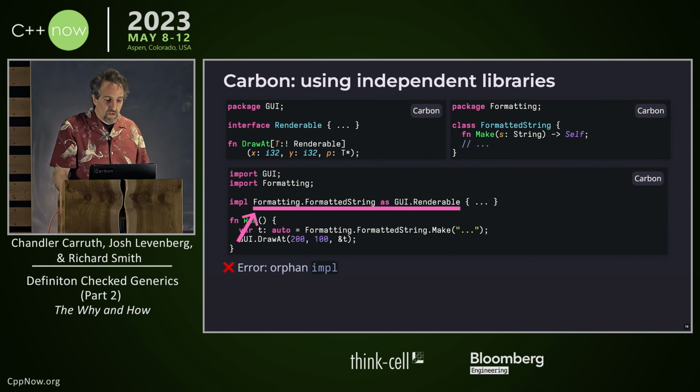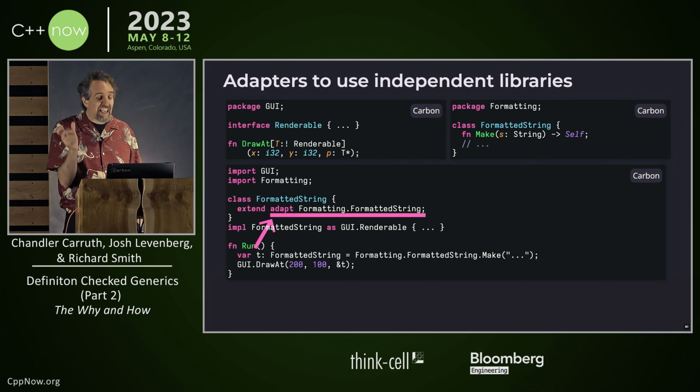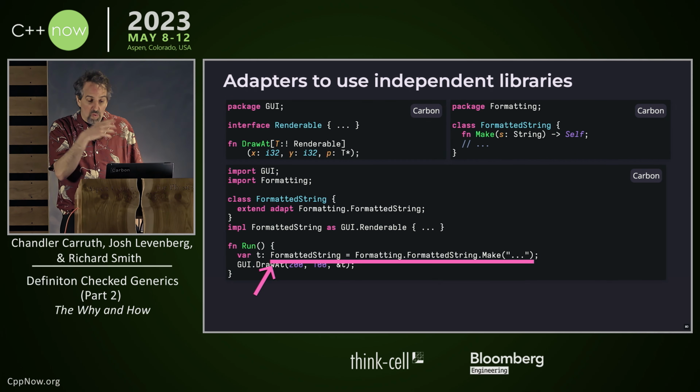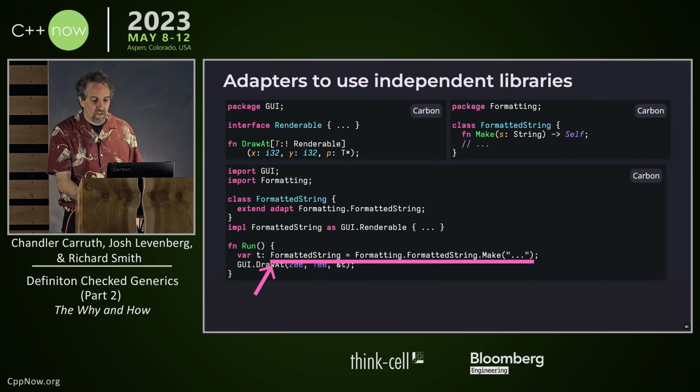So what we do is we use an adapter type. This is a Carbon thing where the adapter has the same data representation as the type it adapts, so you can cast between them freely, including pointers of those types.